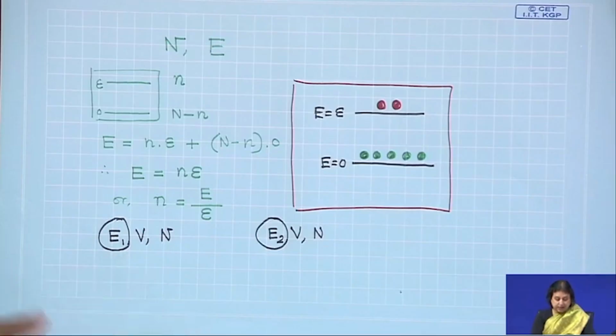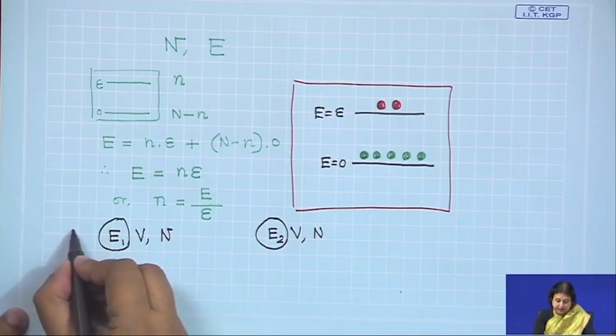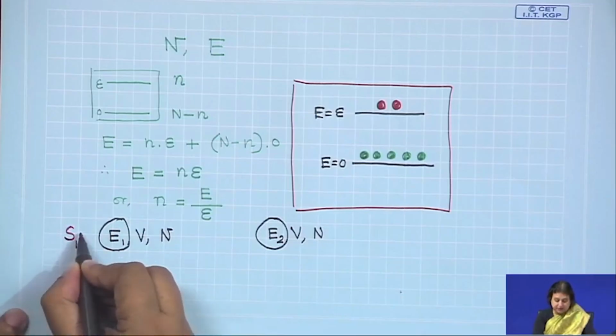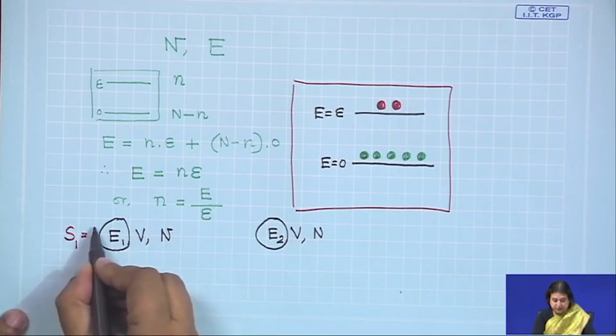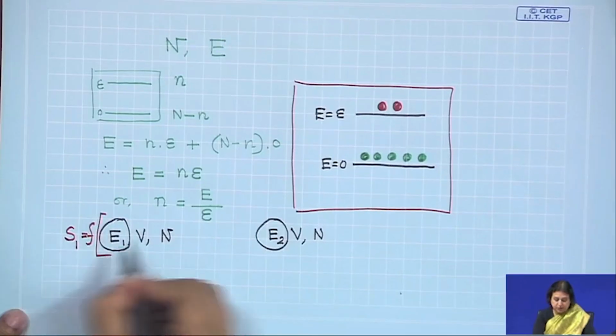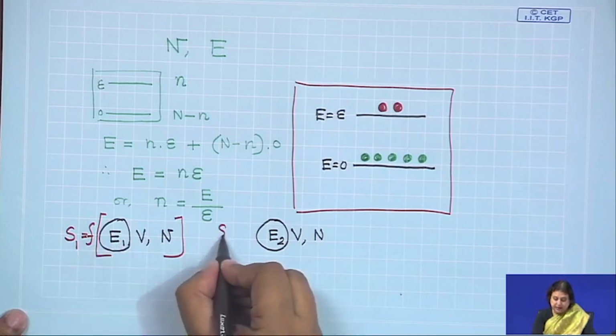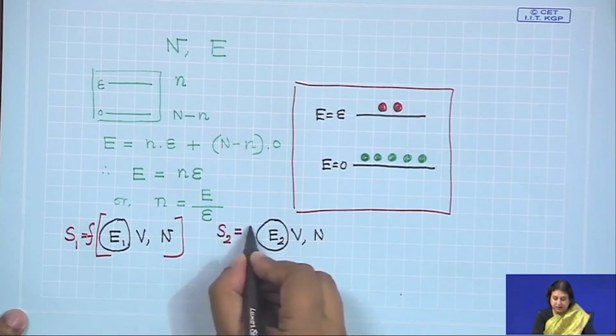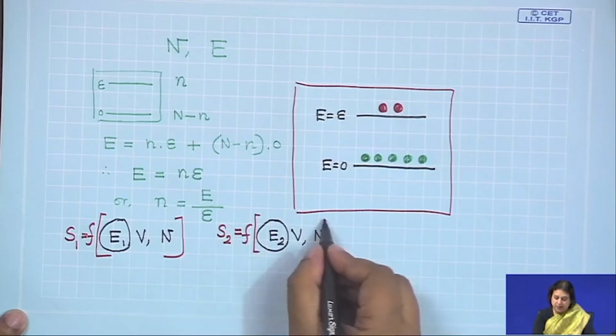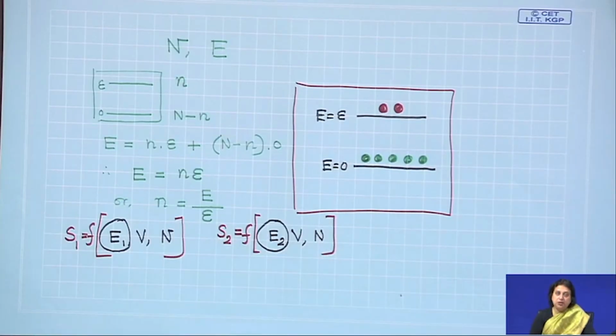So, in this case we can start talking about the temperature. Now, you understand that the entropy of the system in the first case is going to be a function of this, so its value is going to depend on what E1 is, and in the second equilibrium state it is going to depend on the value of E2.